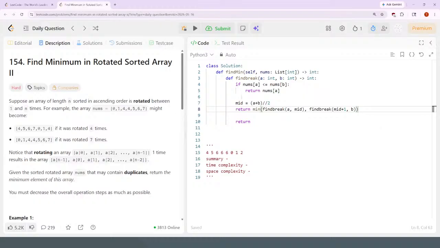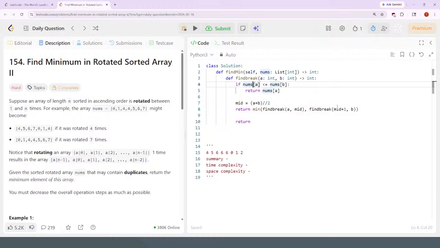I do need to worry about whether or not this works. If a and b are the same spot, then that's fine. If a and b are one off, like adjacent indices, then that still should work.